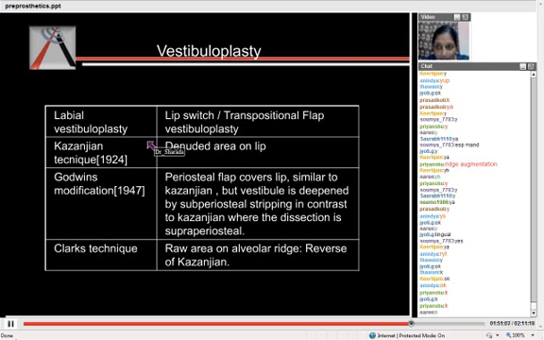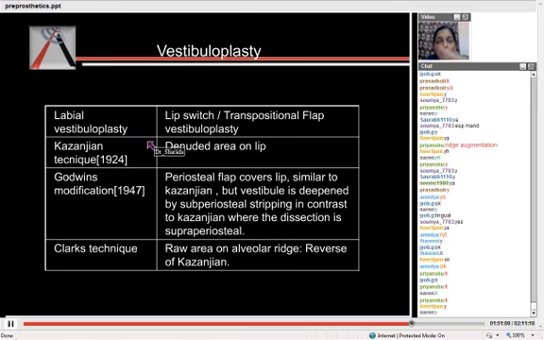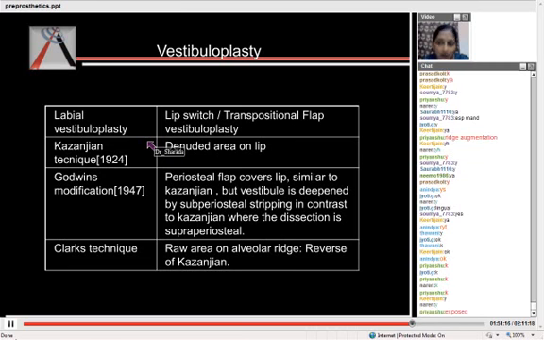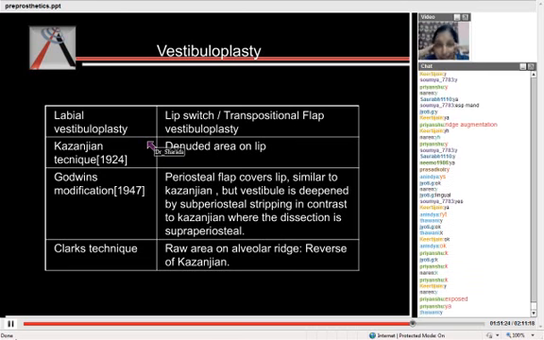He tried to cover up the bone, but in the process he left the lip raw. He said the lip can heal itself by secondary intention, forming granulation tissue. So always remember, labial vestibuloplasty, first given by Kazanjian, he left the lip exposed.